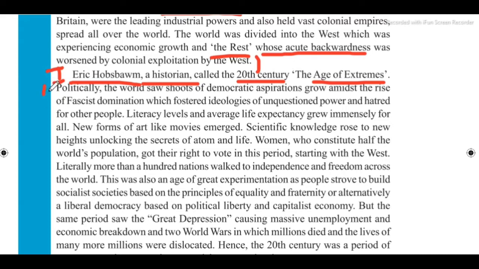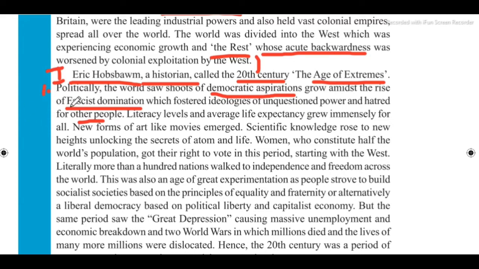First one, politically, the world saw shoots of democratic aspiration grow amid the rise of fascist domination, which fostered ideologies of unquestioned power and hatred of other people. During this period, 2 important ideologies were existing. One, fascist under the leadership of Mussolini.